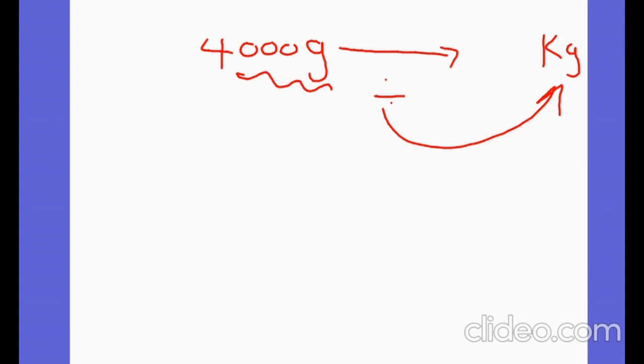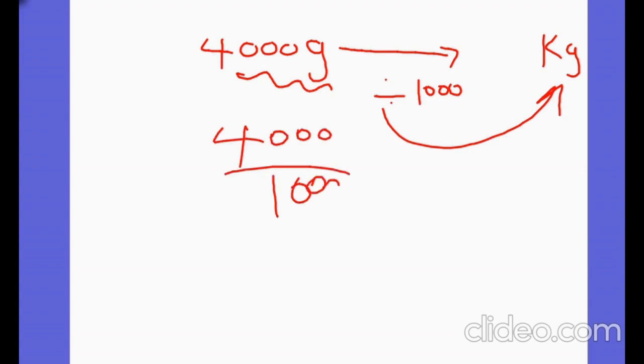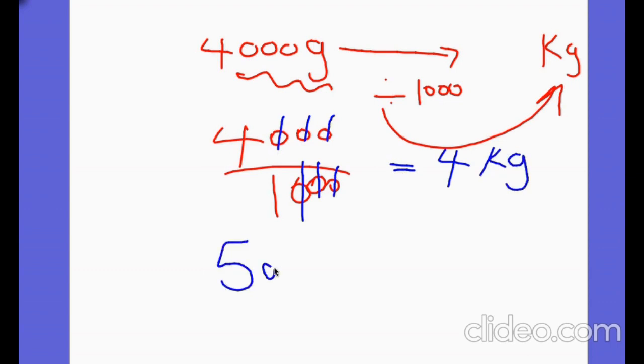As I multiplied, I will divide, so I will divide by 1,000. Let's make the division here. We can say that every 0 eats 0, every 0 eats 0, every 0 eats 0, so the answer will be 4 kilograms.